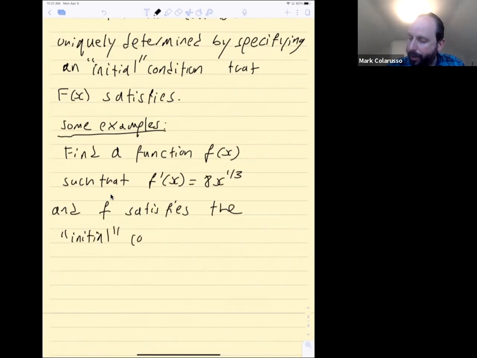We don't know what observation we're making here, it's very abstract. So it satisfies the condition that f of 1 is 4.